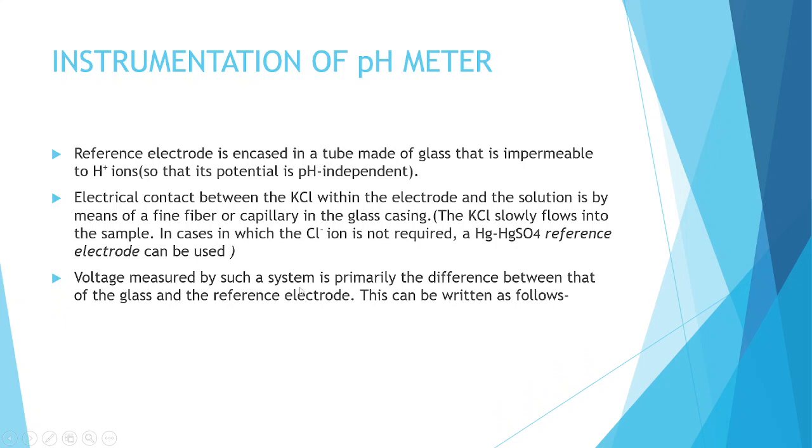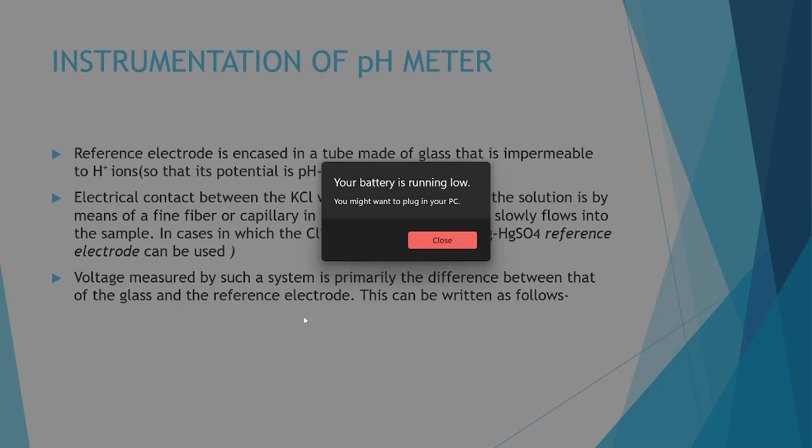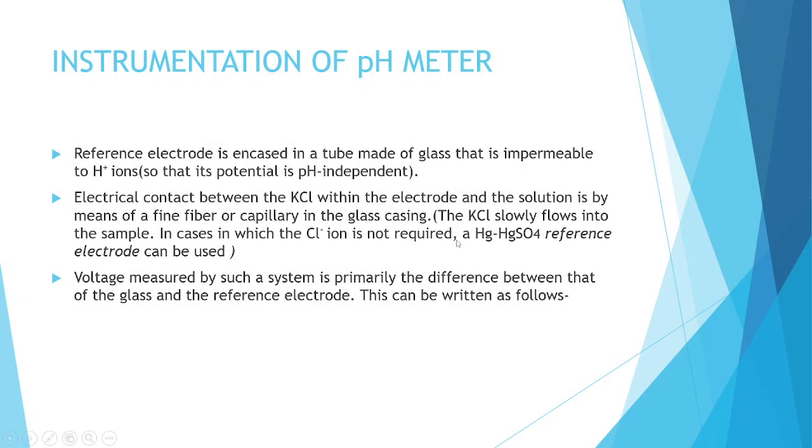Voltage measured by such a system is primarily the difference between that of glass and the reference electrode. This can be written as follows.